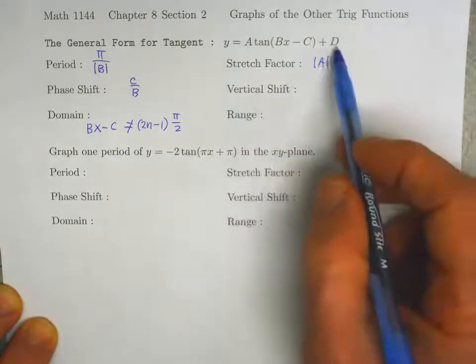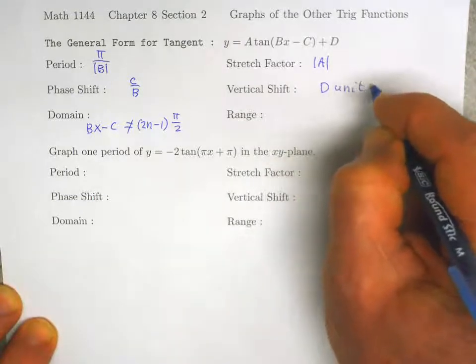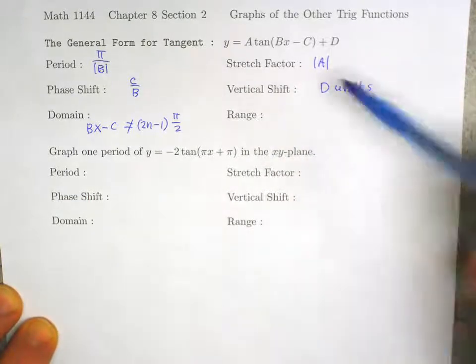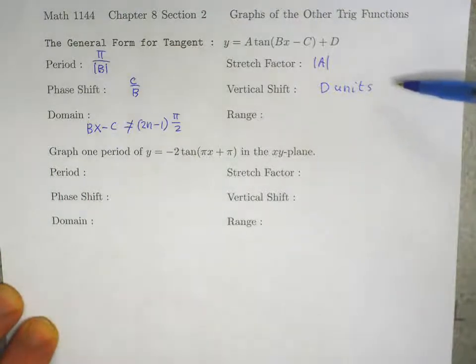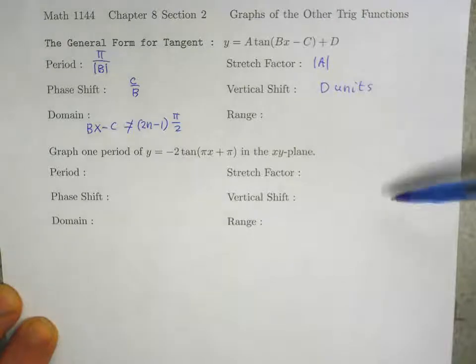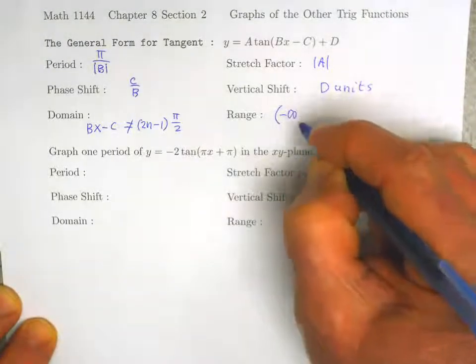The vertical shift is d units. If d is positive, then the shift is upward, and if d is negative, the shift is downward. And the range is all real numbers.